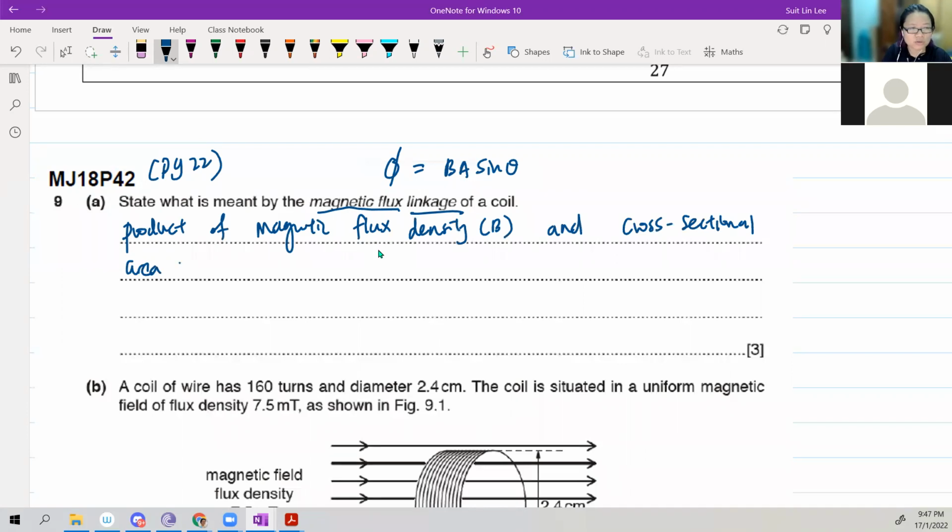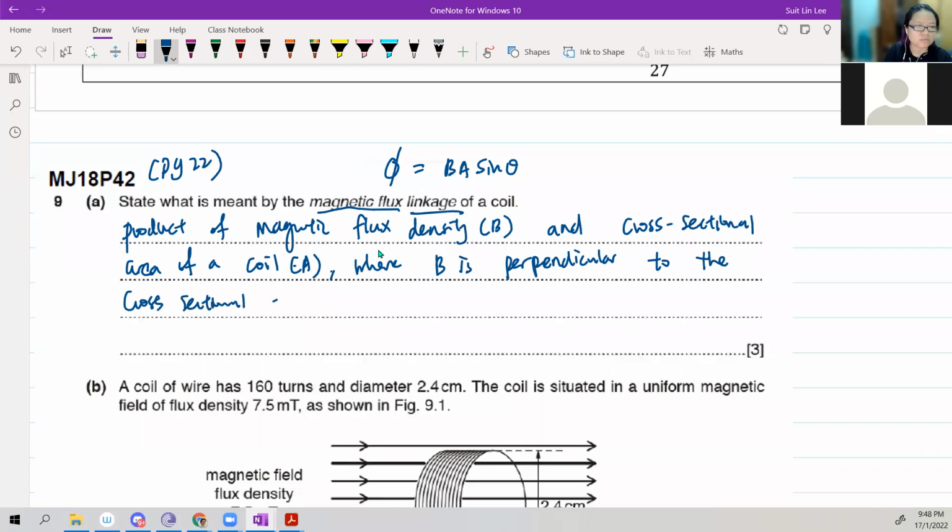They call it a coil already, so we can say of a coil, A, where the magnetic flux density B is perpendicular or normal to the cross-sectional area.